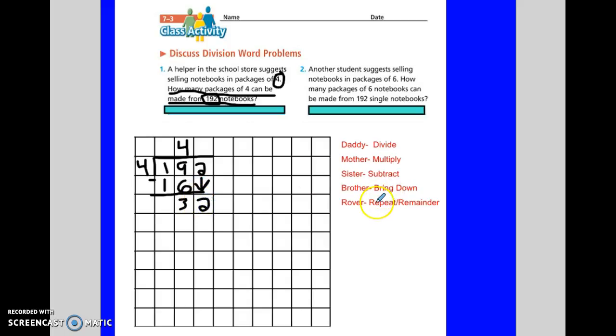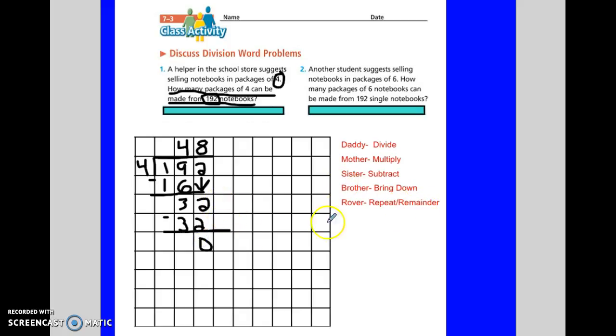And then since I brought something down, I get to do the repeat. Okay, so I go back up to the top and I get to divide. 4 into 32. All right, 4 into 32 equals 8. And then I get to multiply. 4 times 8 is 32. Get to do sister, subtract. 2 minus 2 is 0, and 3 minus 3 is 0.